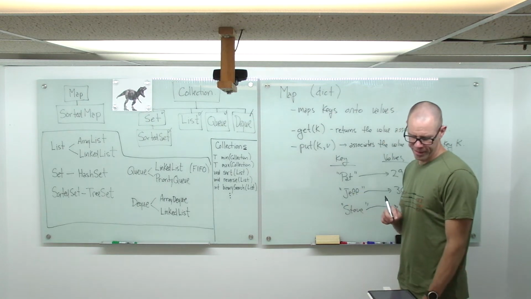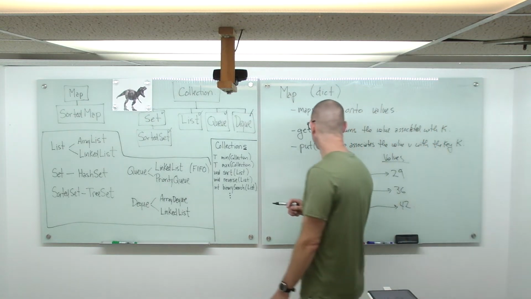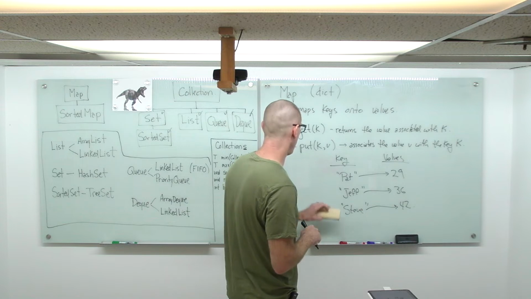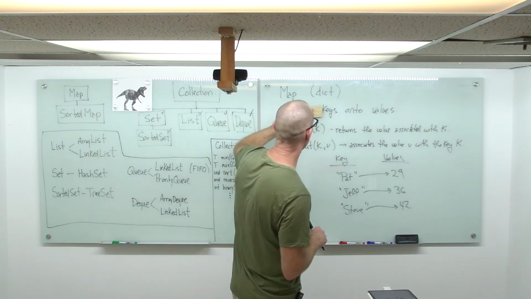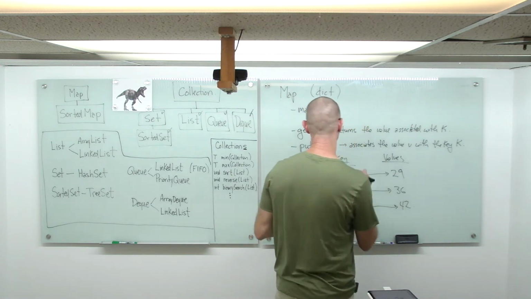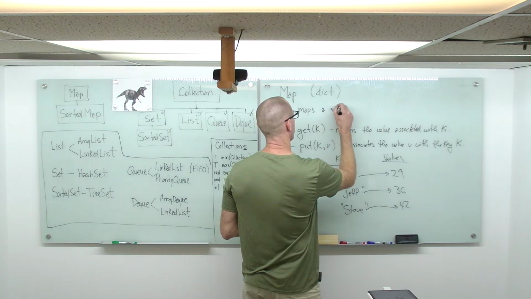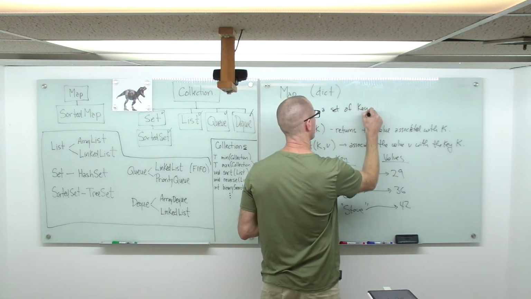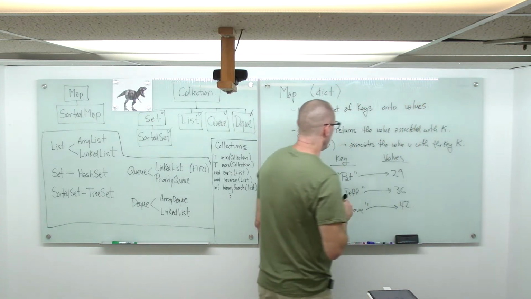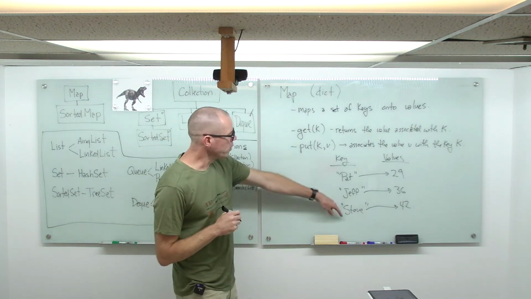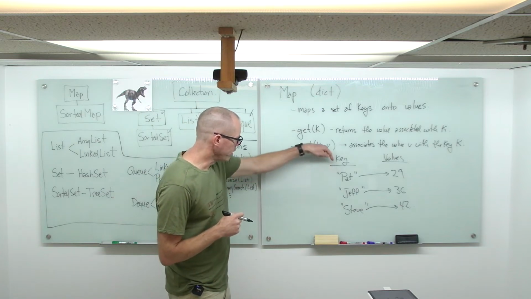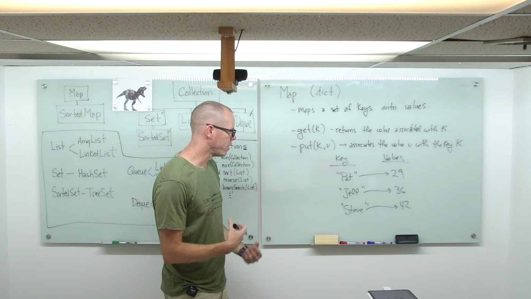Keys need to be unique. Yes, that's a good point, so let me be really specific here. It maps keys onto values. So it actually maps a set of keys onto values. So I cannot have two keys that are pat, so really the things that are the keys have to form a set.